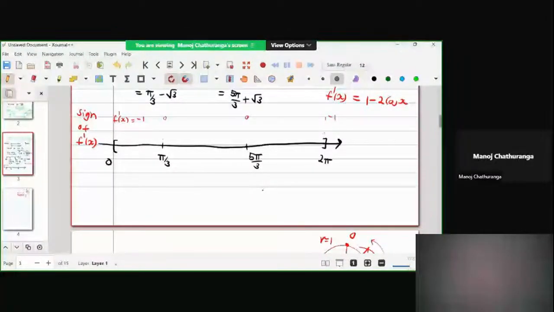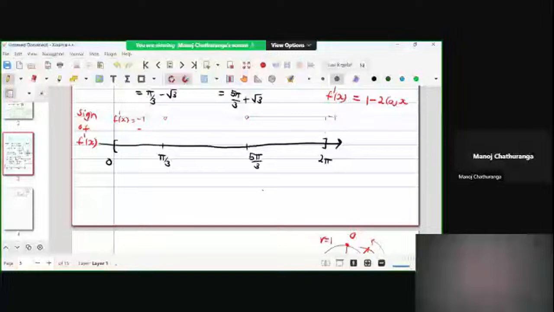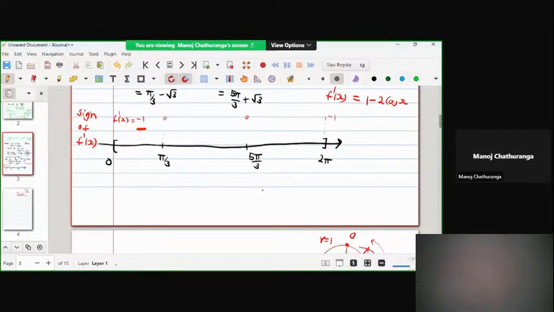So right here, derivative is negative. Then in between pi by 3 and pi by 2, let me look at the derivative at 90 degrees. At 90, cosine theta is 0. So derivative is 1. Somewhere here, derivative is 1.